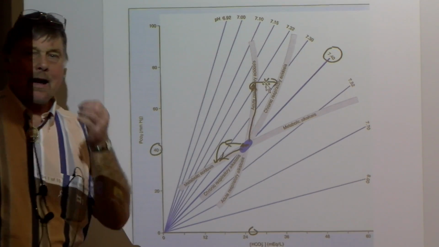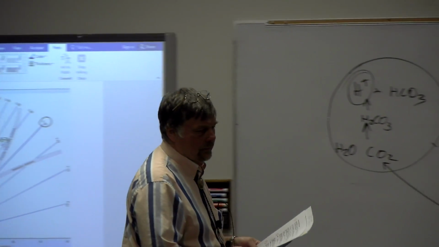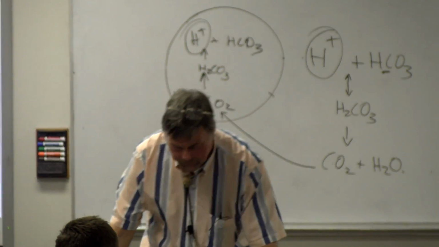Okay, but now when we compensate, how do we compensate for a respiratory acidosis? The kidneys will add bicarbonate, so they will generate a base excess to try to compensate. And that's, okay, it's not strictly speaking bicarbonate, but it's a kind of a modified expression of bicarbonate and other bases.